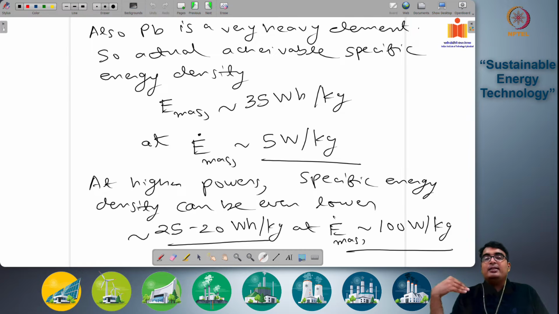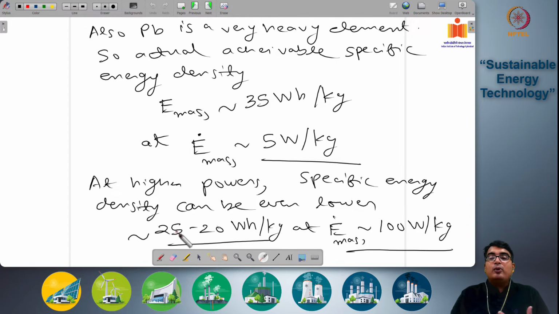So as we discussed, the amount of power you are supposed to deliver to the external circuit also determines the mass specific energy density of the battery storage system. So at 5 watt per kg power delivery rate, your energy storage capacity is around 35 watt hour per kg. At higher power, specific energy density can be even lower.